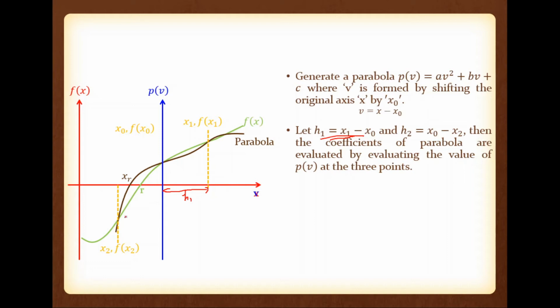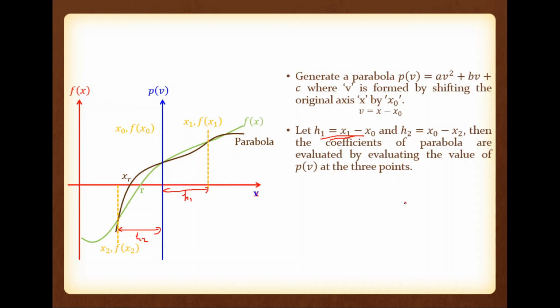And we write x0 minus x2 as h2, that is the mid value minus the smallest value. Please note, this difference is h1, this difference is h2. Always it will be positive. Please note that.